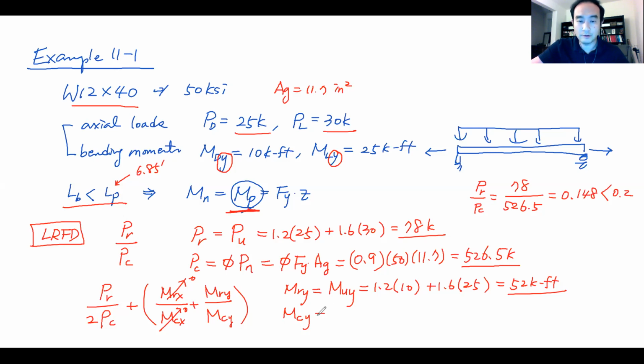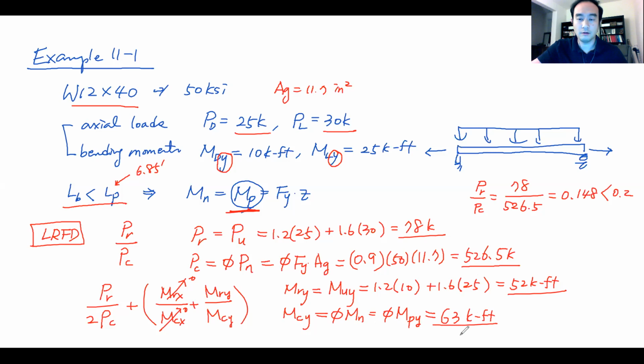So bottom line is MCY will be equal to phi times MN, in this case phi times MP, right? And about y-axis, so I'm going to put y here. So that's going to be our moment capacity. And when you go to the table in chapter 3 in the AISC manual for W12 by 40 section for MP and the factor, the phi times MP, you can easily look it up as 63 kip-feet. So this is going to be our capacity.